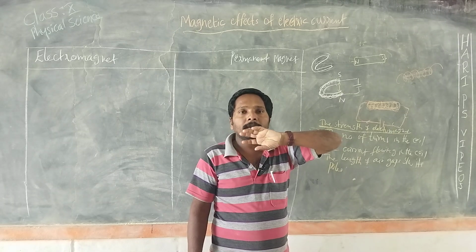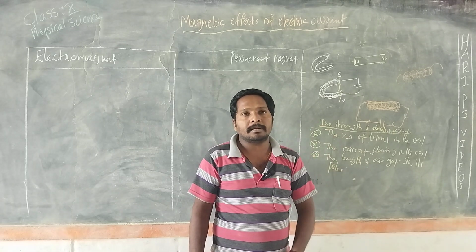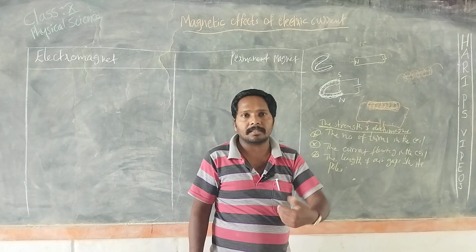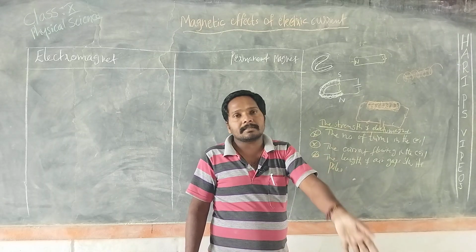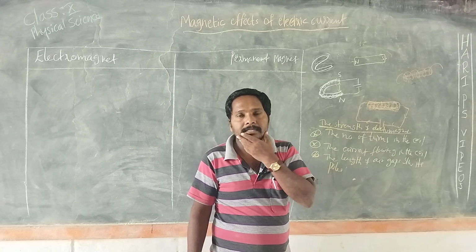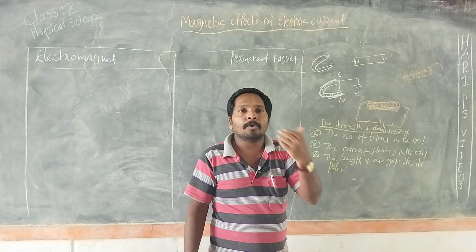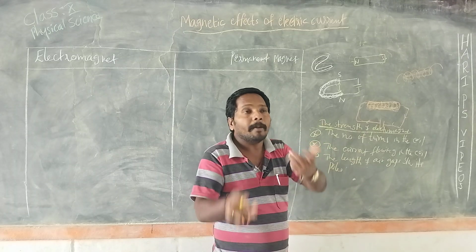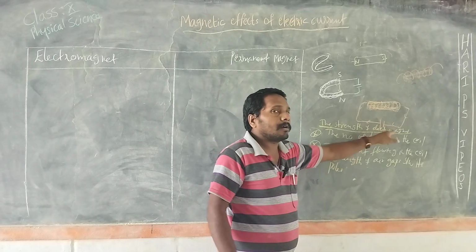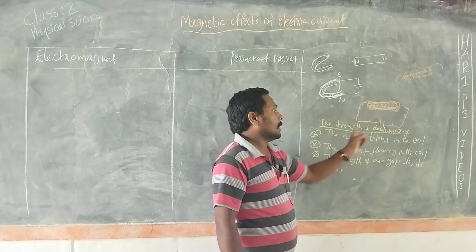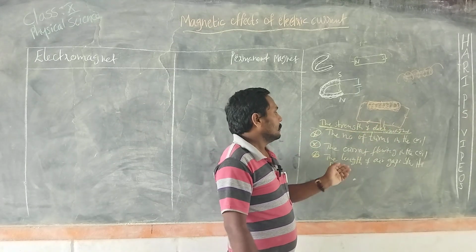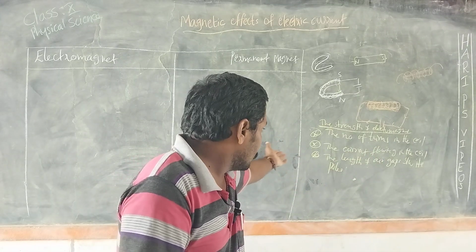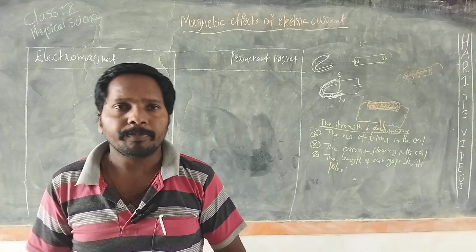In case of a permanent magnet, we cannot change the strength of the magnet. But in case of an electromagnet, we can change the strength of the magnetic field by changing the number of turns in the coil, the current flowing in the coil, and the length of air gaps between the poles.